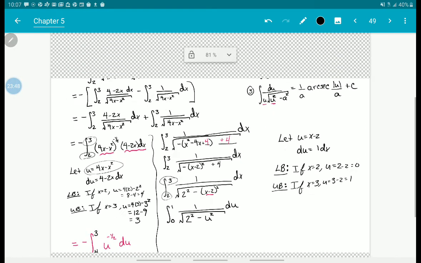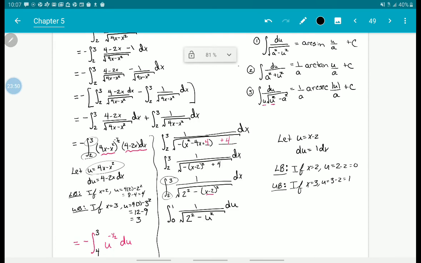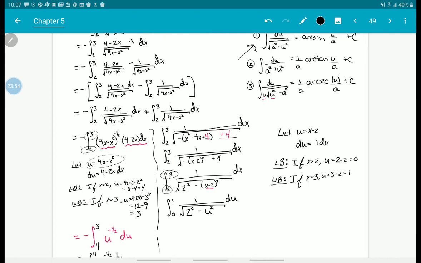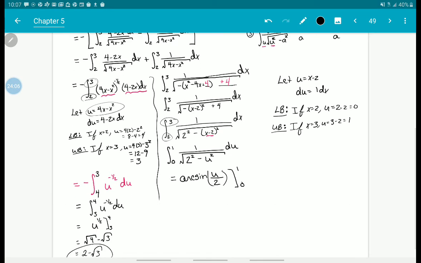And if we compare that to our formulas, that's our arcsine formula. So to integrate that, this is going to be arcsine of u over a. Our a is 2. And then we're going from 0 to 1. So we need arcsine of 1/2 minus arcsine of 0.